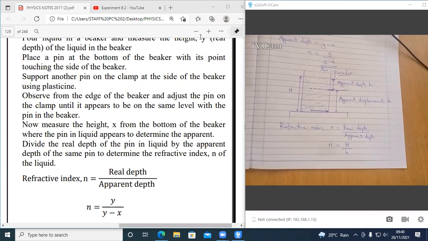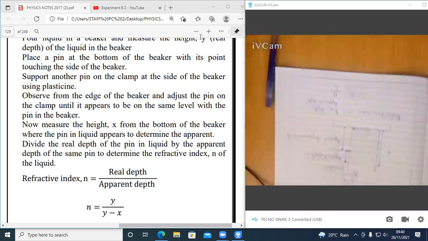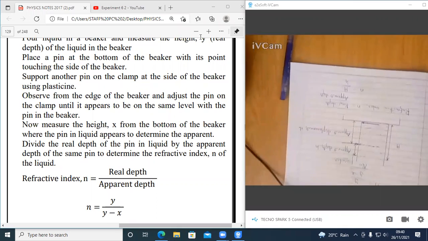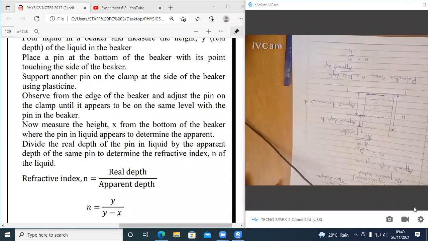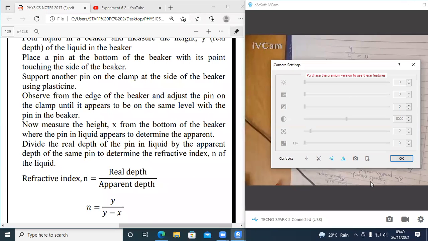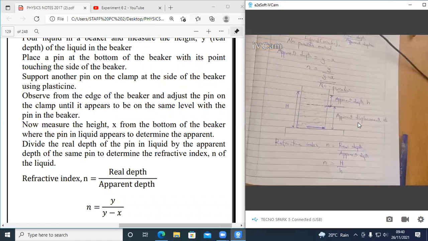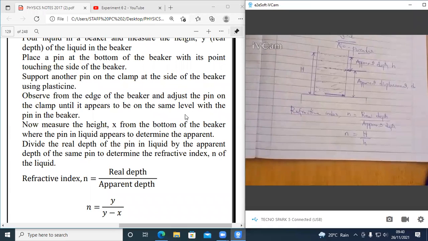So be taking the notes, put it down. Are we through with that? Members, are we through with that?